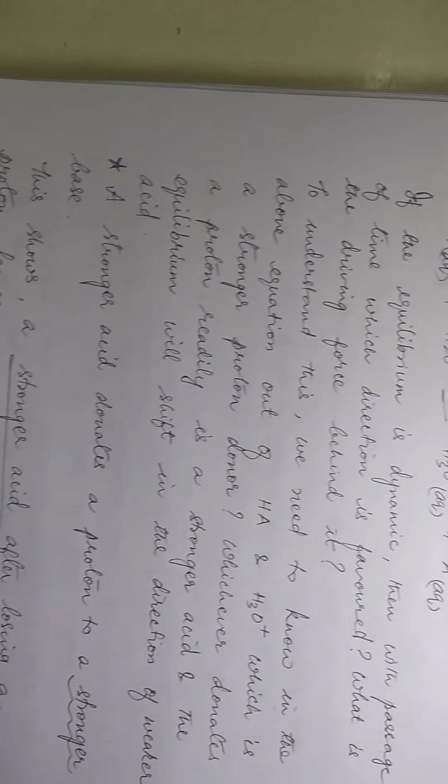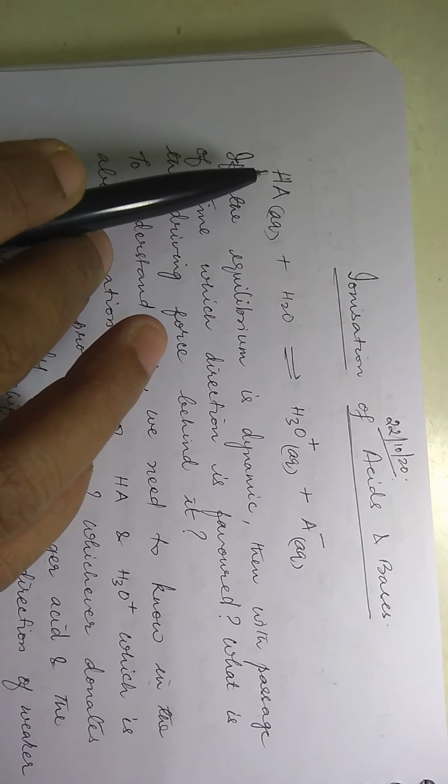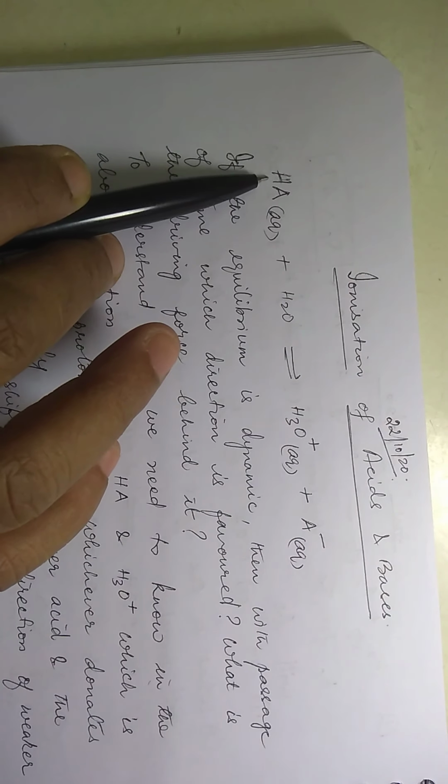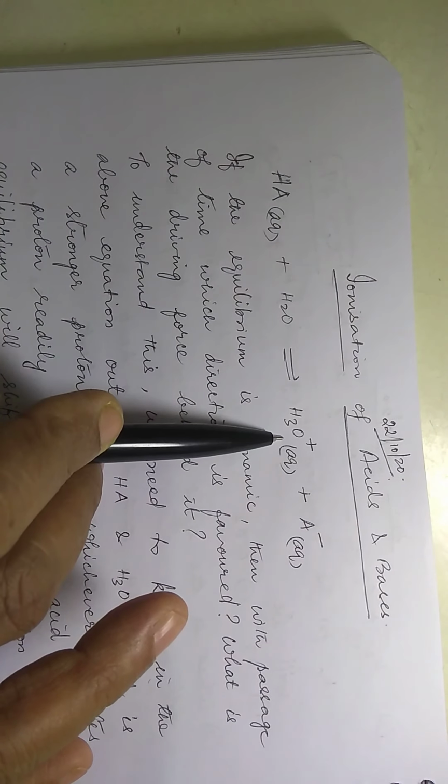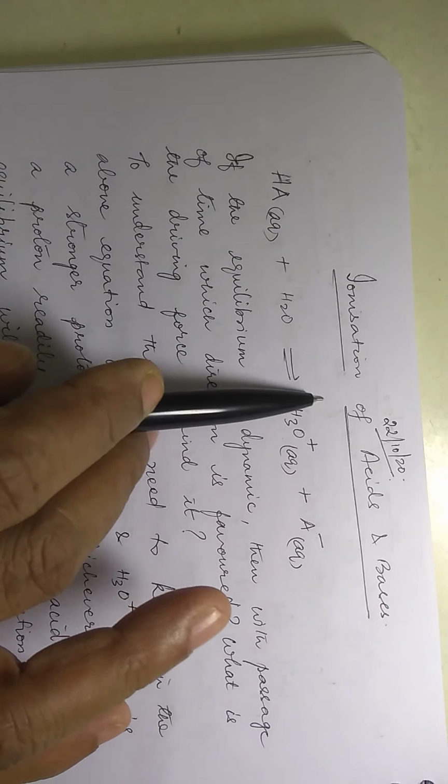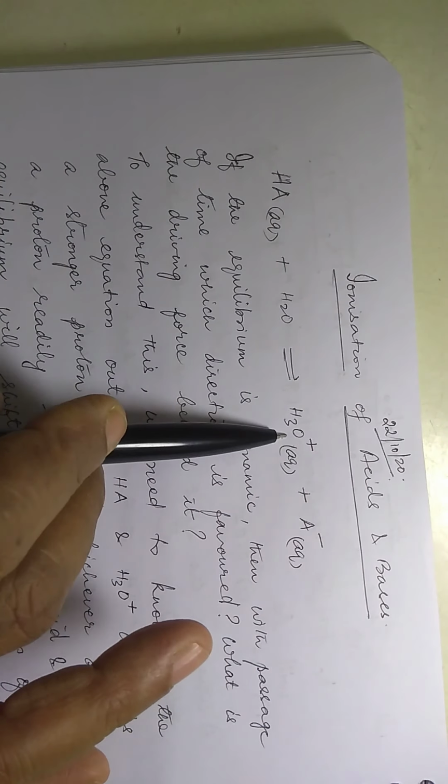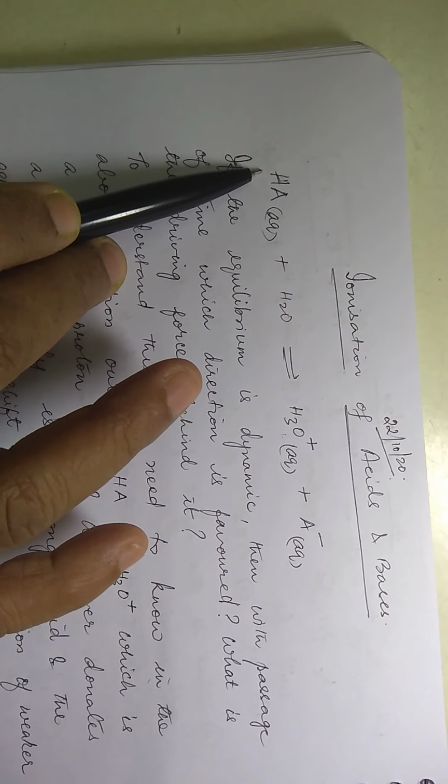Like, if you consider HA as a stronger acid, then it is losing H+ and giving it to water, and that becomes H3O+. So H3O+ is a weaker acid and HA is a stronger acid.